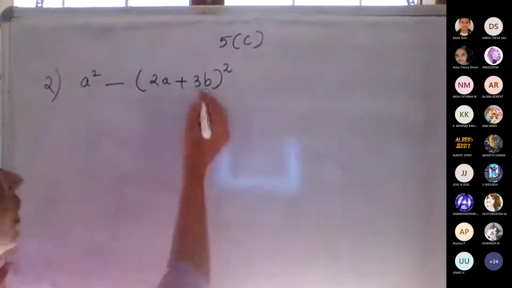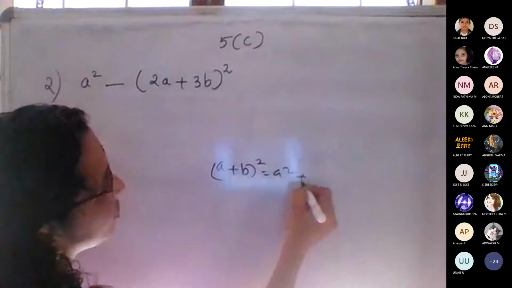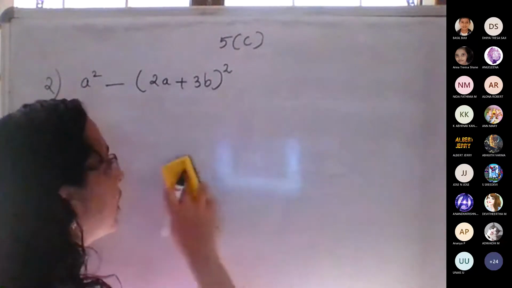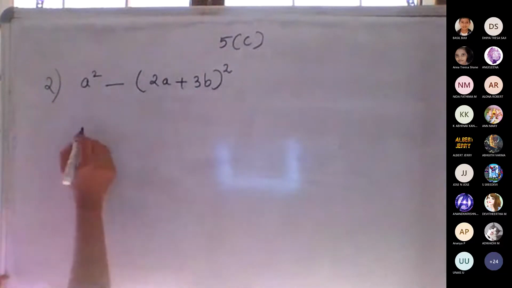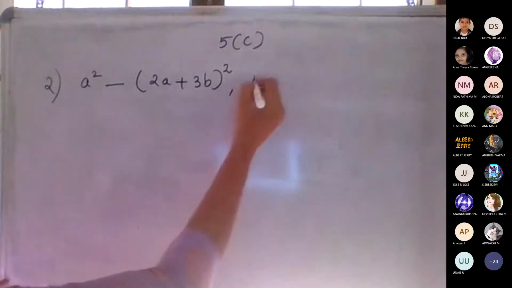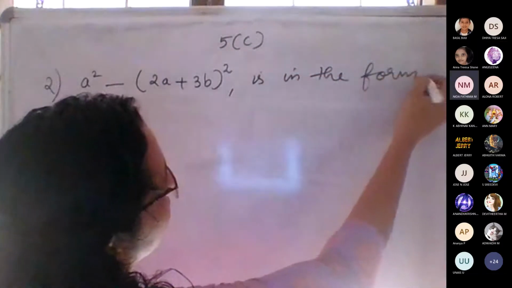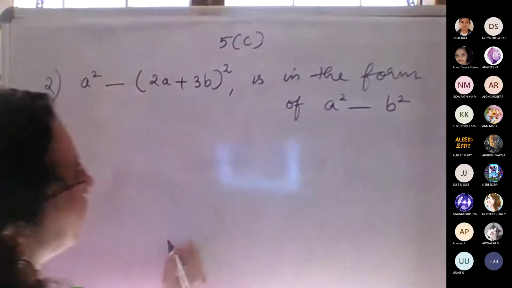You are thinking that 2a plus 3b, that is a plus b whole square, is a square plus 2ab plus b square. No need of doing all that. This is in the form of a square minus b square.